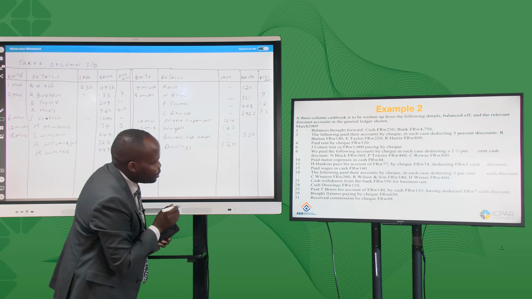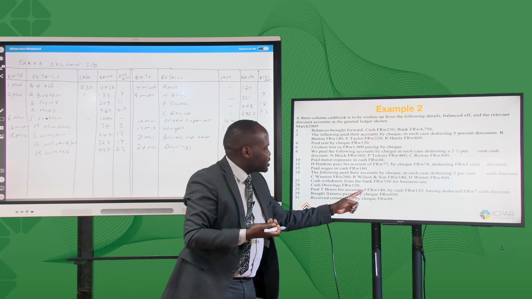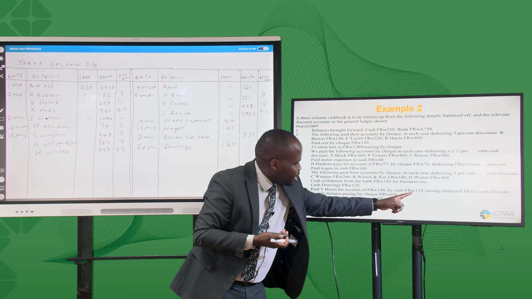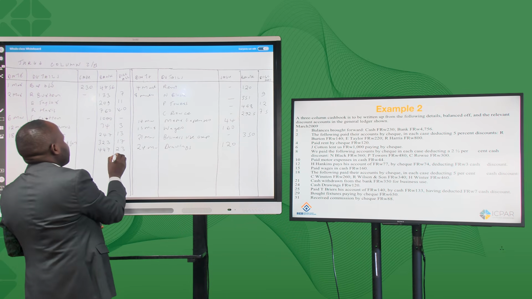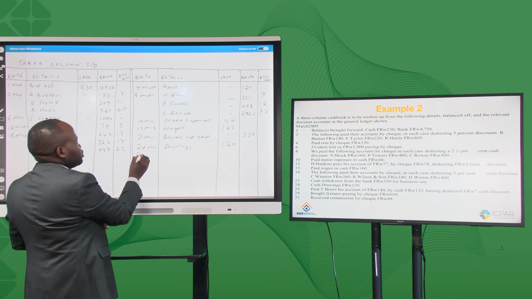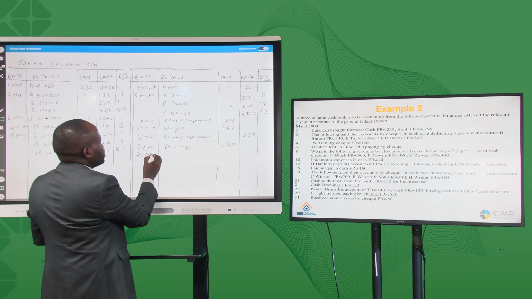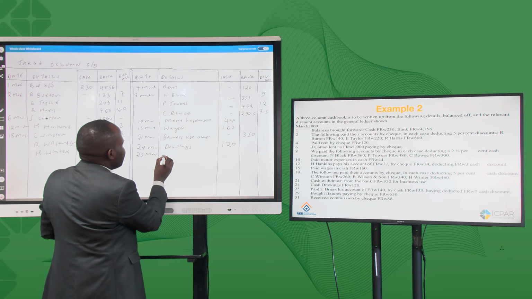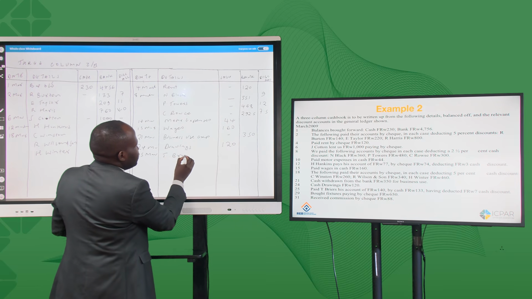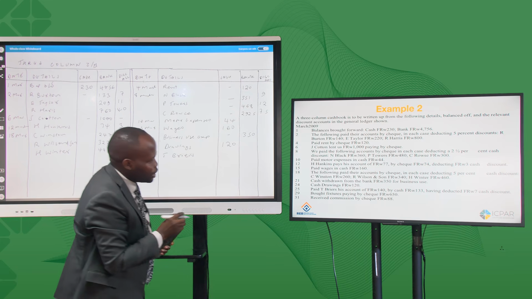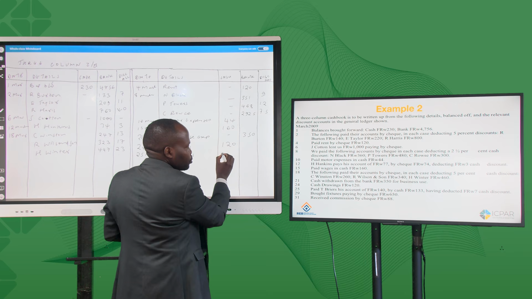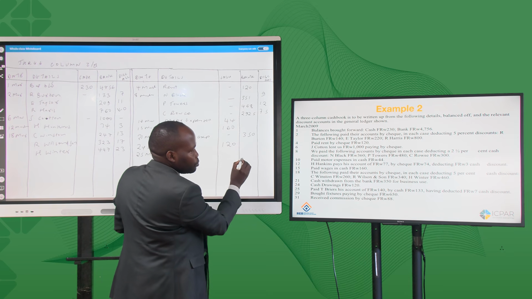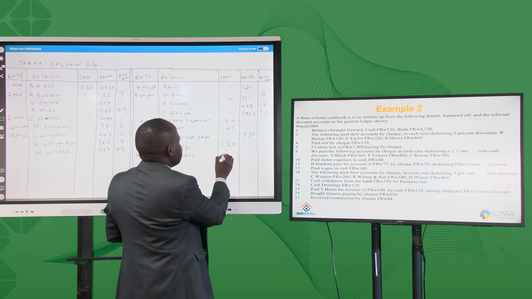Next we have paid T Briars his account of 140 by cash, 133, and having deducted a discount of 7. So 25th March, paid T Briars, 140, by cash 133.